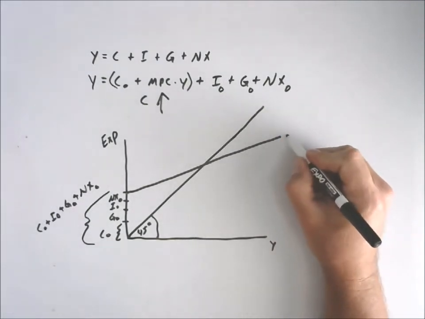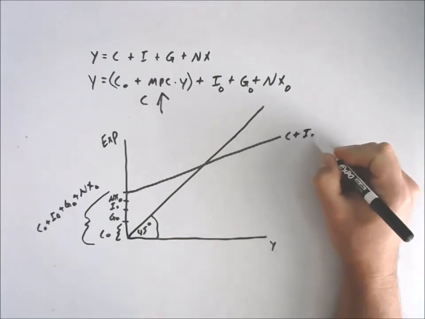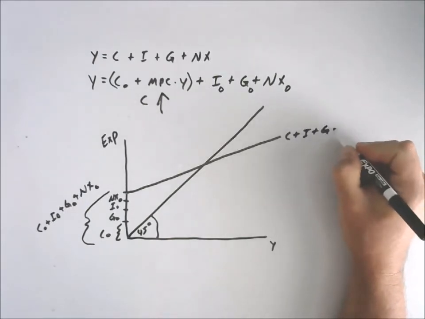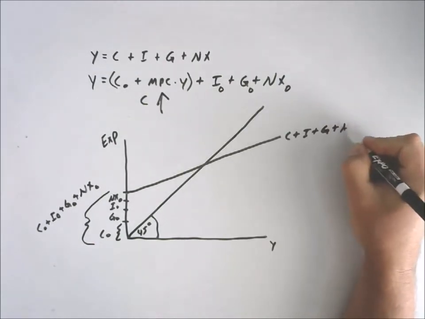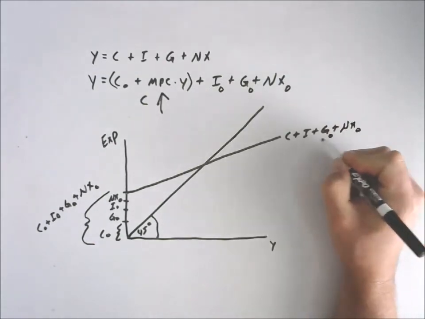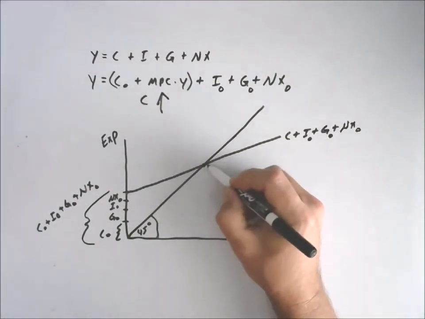So this then is our aggregate planned expenditures model. If I could write, it would be great. That is our aggregate planned expenditures model. Now, how does this model work?